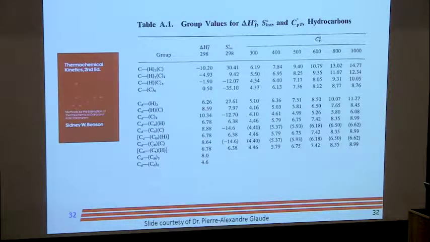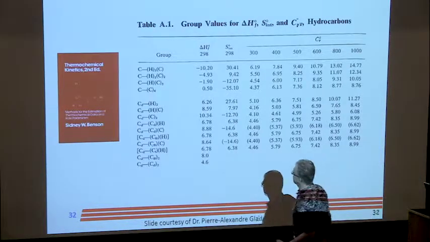Here he lists the groups a little bit differently. In THERM, we list the groups in alphabetical order. C comes before H in the alphabet, so we describe it as C bonded to C bonded to H3 rather than C bonded to H3 bonded to C. I'm sorry about that, it's just the way it's done in THERM, but I hope it doesn't lead to added confusion. It's the same thing.